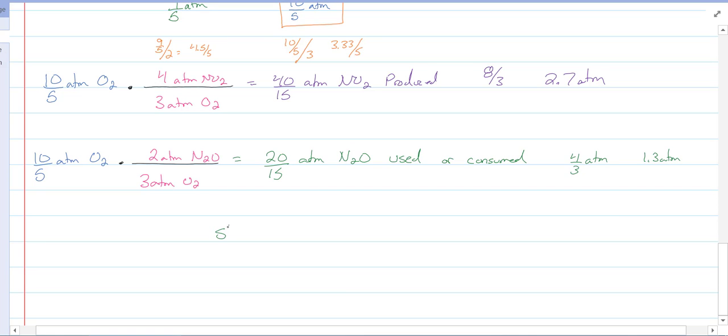So you start with N2O at 9 fifths. Or, if I triple everything, 27/15 atmospheres. And I use 20/15. So that means I have 7/15 atmospheres of N2O remains.